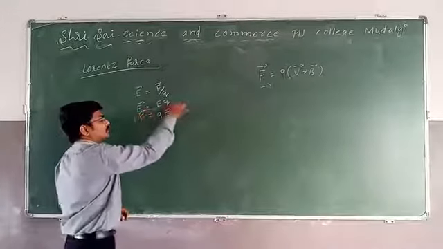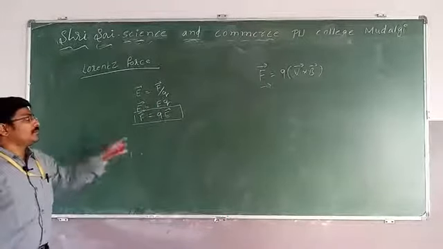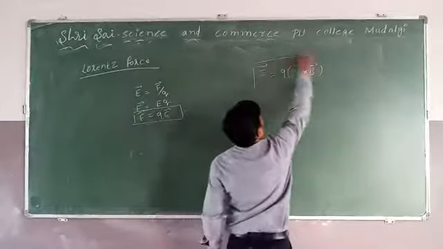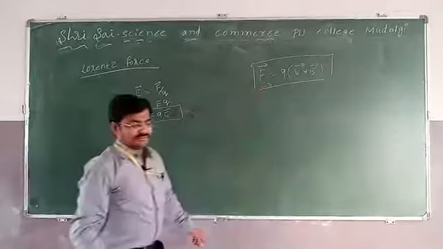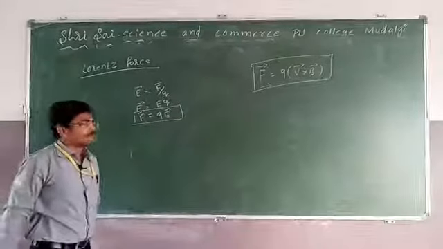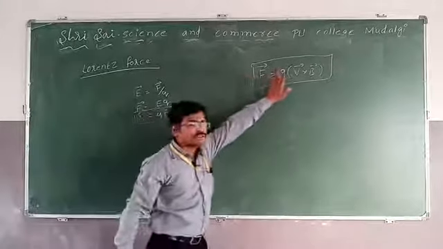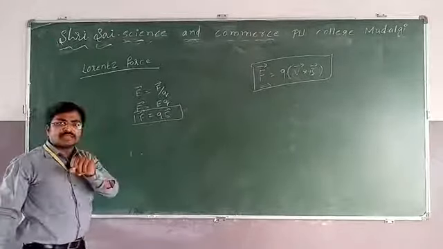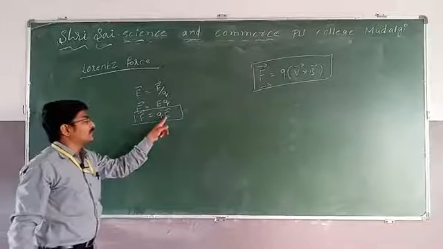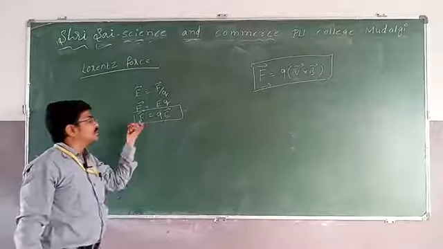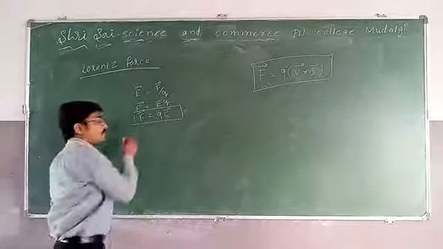This is also a force. Already we studied this in this chapter. Here the left-hand sides both indicate force. This is the magnetic force, this is the electric force. When a charged particle is moving in an electric field, that charged particle experiences this much force.